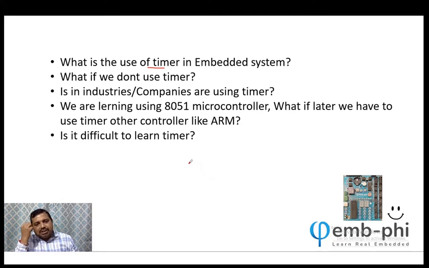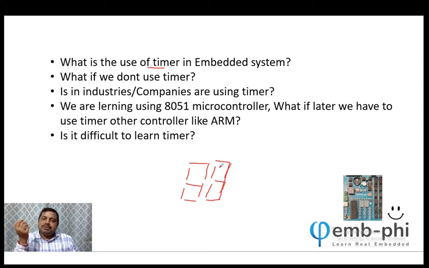Consider we are making a clock. We can make a clock with an embedded system too. Now every 1 second you want to display 1, then 2, then 3, then 4, then 5. How will you display? How will you get the time? Of course, we can have some other method. In our microcontroller we have the RTC fitted, the real time clock.